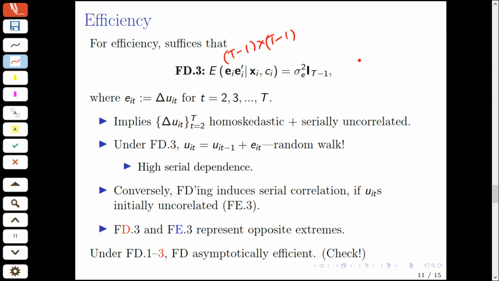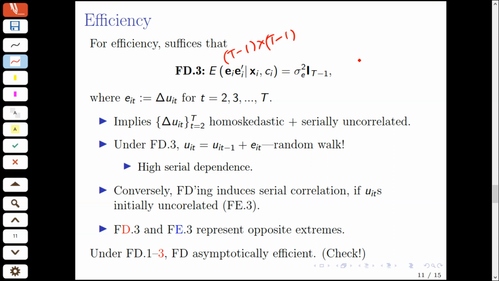In fact, the third first difference assumption and the third fixed effects assumption are mutually exclusive. One rules out the other. And our discussion here of a random walk versus uncorrelatedness shows that they represent opposite extremes.